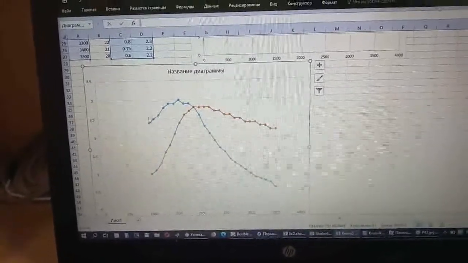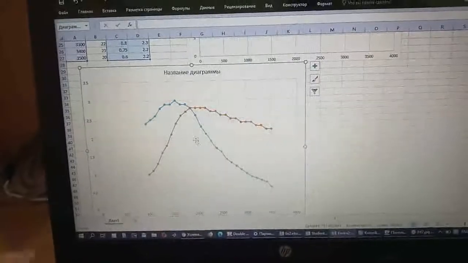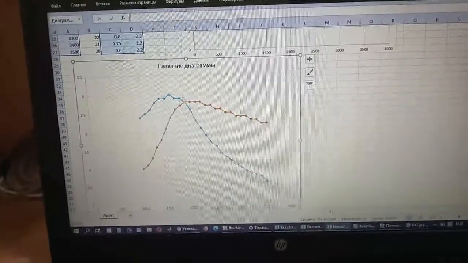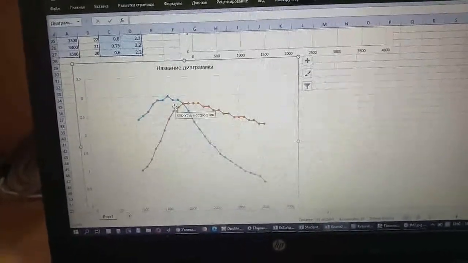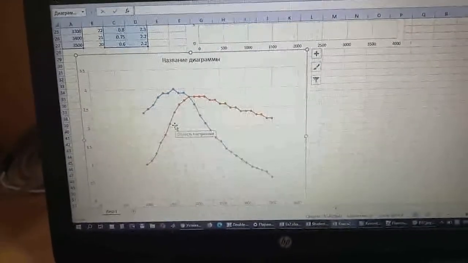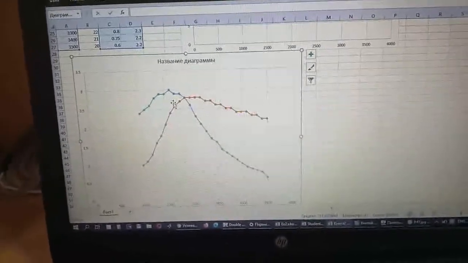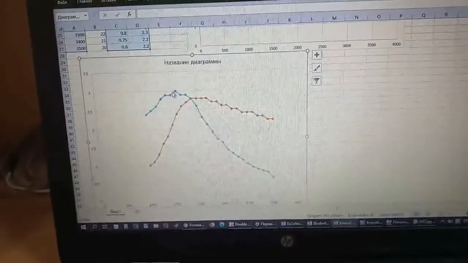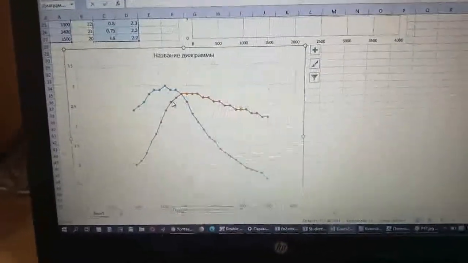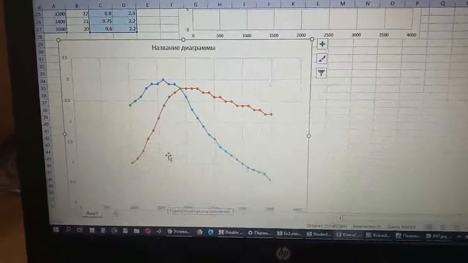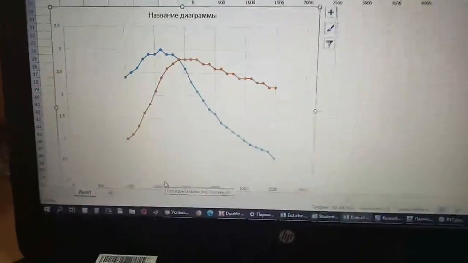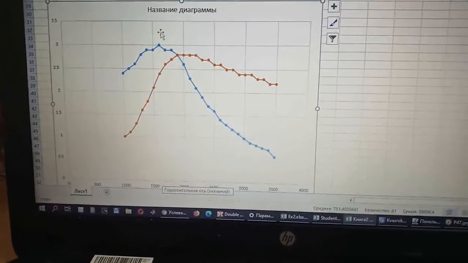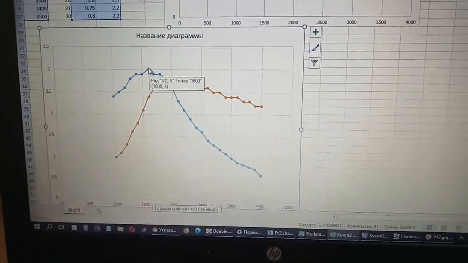You can see that increasing part and decreasing part does not look similar, and the maximum of curve for UC is shifted towards smaller frequencies. So it appears at approximately 1600, this value.